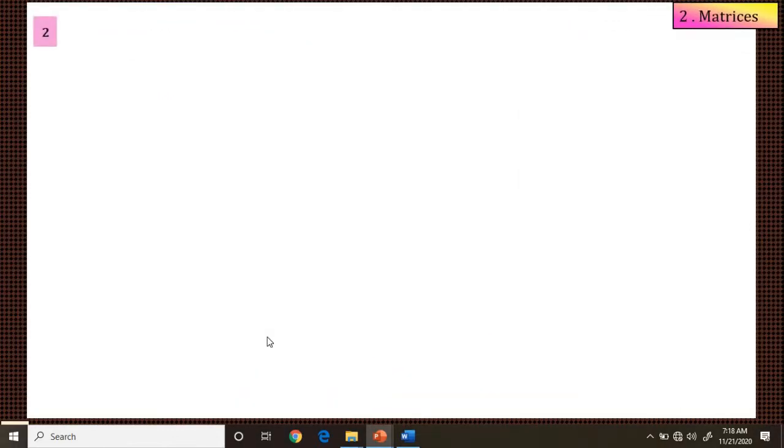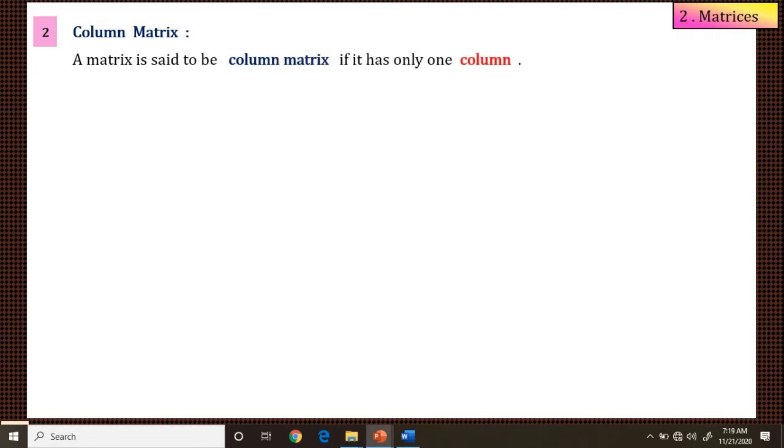Now see the second one, column matrix. A matrix is said to be a column matrix if it has only one column. That is, if the matrix has only one column and many rows, then it is called a column matrix.